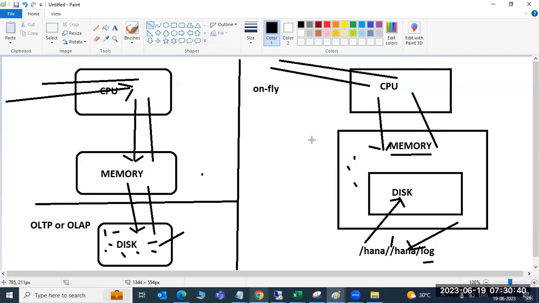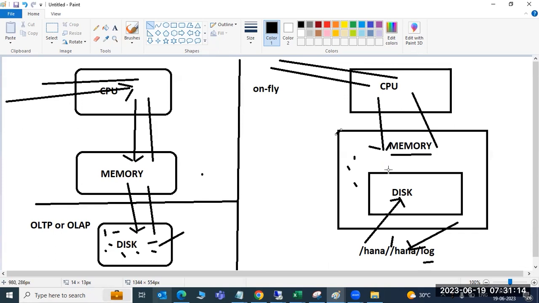What is required here is more RAM memory. But RAM memory is a one-time investment for the business, so that is not a problem for them. What the business needs is consistency and faster access, so they are all choosing the HANA database to get data from the database level.